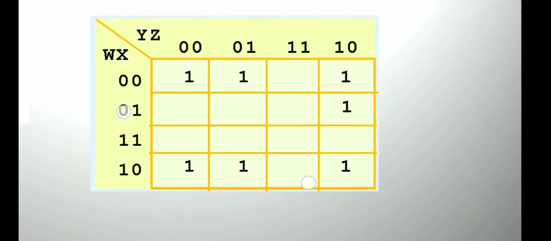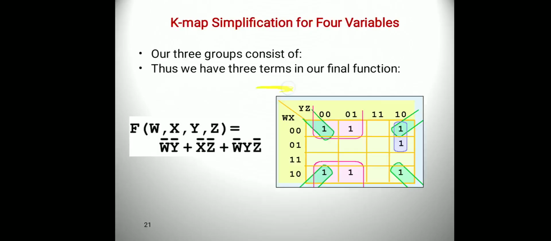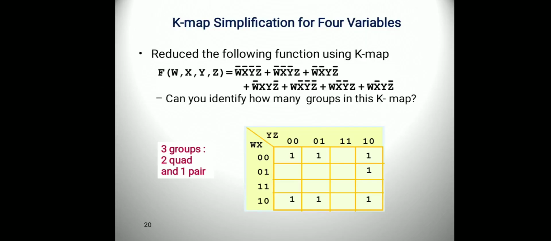When we see the 7 ones, at first we think these two ones are adjacent to each other, and in this row these two ones are adjacent to each other. Means we say that there are three pairs, but no. There are two groups and one pair, means three groups.